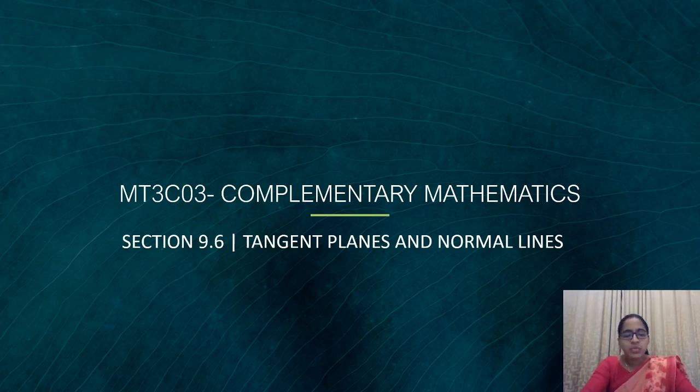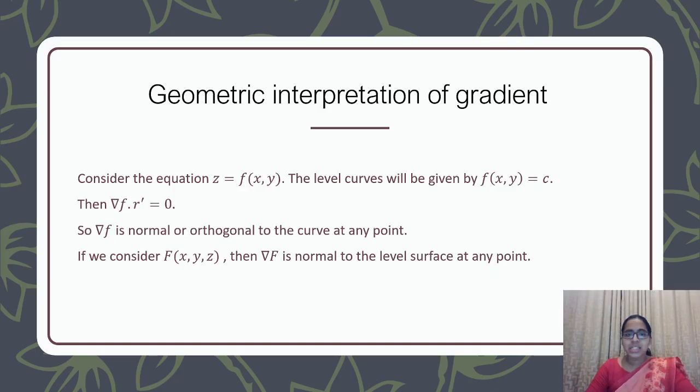Before moving to the direct formula for the equation of the tangent plane, we are going to discuss a few things. We had introduced the concept of the gradient of a function in the previous section. In this section, we'll begin with the geometric interpretation of the gradient vector.